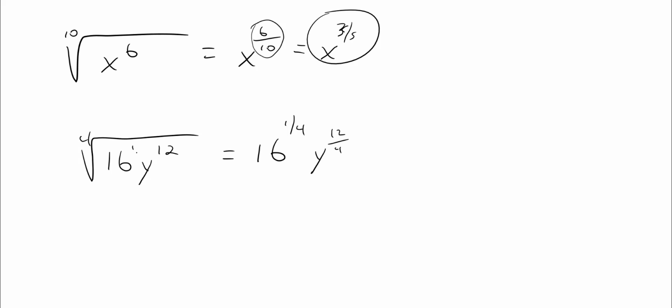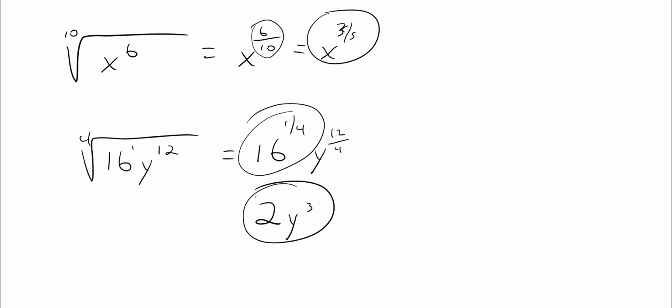That 16, there's a 1 there if you want to look at it that way. This one I can put in my calculator: 16 to the 1/4 power, and you should get 2, and y to the 12 over 4. 12 over 4 is 3, so it's y cubed. That's your answer.